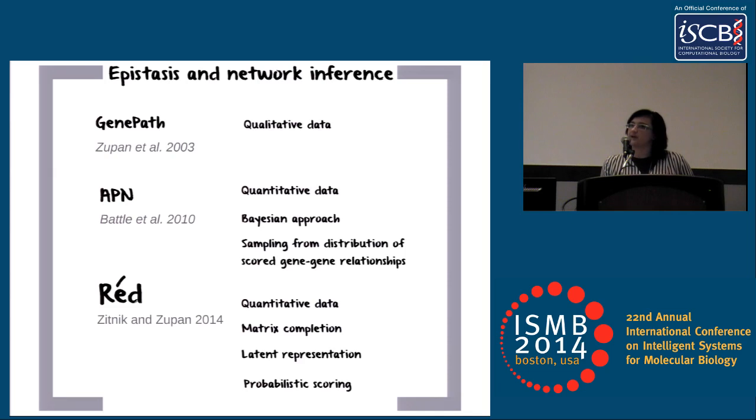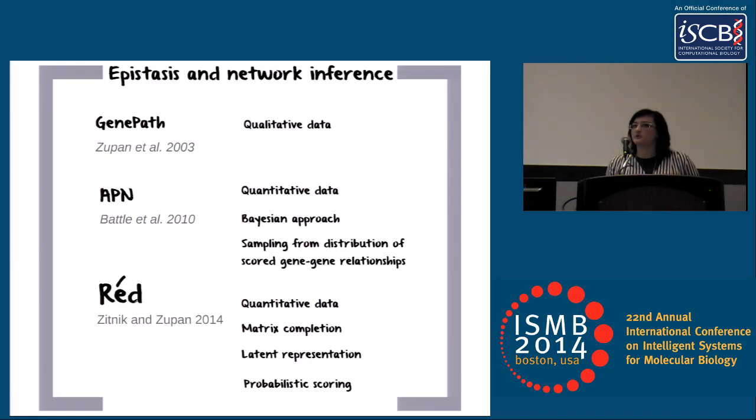And these limitations were nicely bypassed by an approach by Bettel et al. in 2010, when they proposed a Bayesian approach to gene network inference from quantitative mutant data, which proceeds in a way that it starts with a random network and then iteratively improves the network by performing small local structural changes to the evolving network.